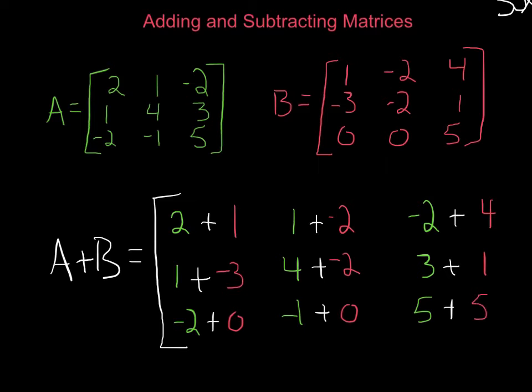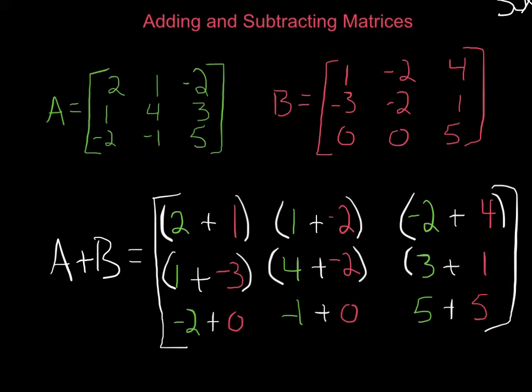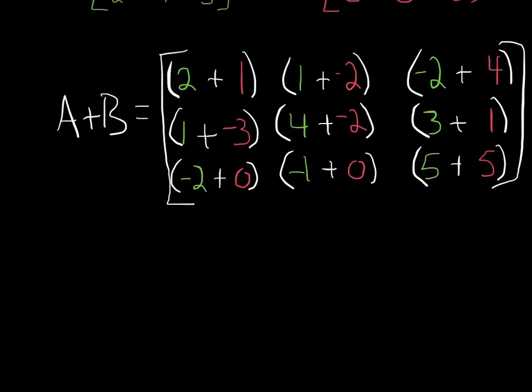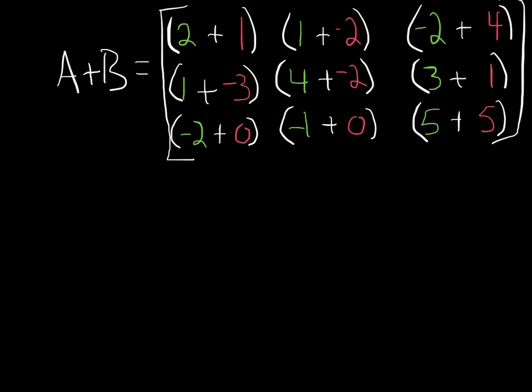And now to finish it, all I do is add each individual element, the corresponding elements to each other. What I'm showing you here is that inside the parentheses, each will just reduce to one element. So I need to simplify this down. So my final resulting matrix is going to be 2 plus 1, 3.